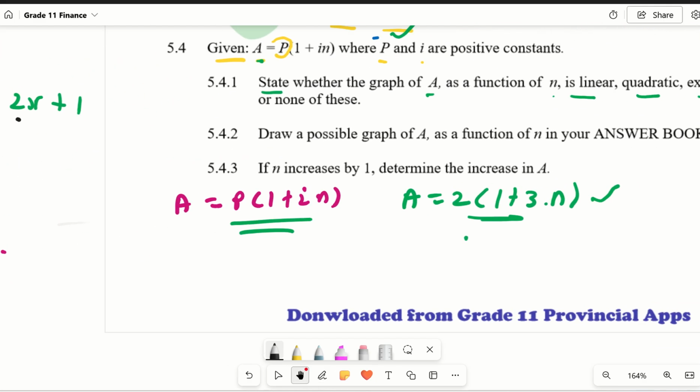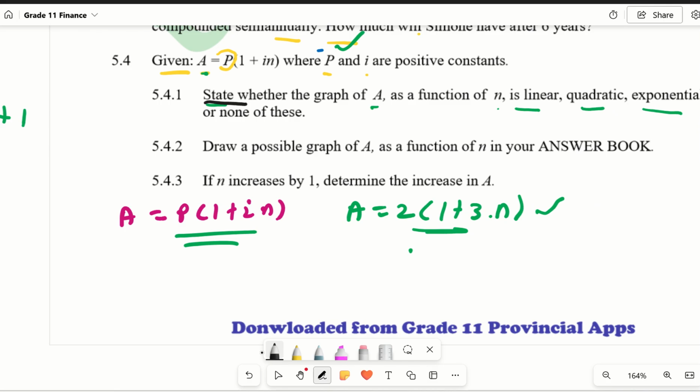We go back. State whether A as a function of n is linear, quadratic, exponential, or none of these. So now they're asking you, is this a linear function, or quadratic, or exponential, or none of these? Let us simplify this and see what happens. P times 1 gives me P, and then P times In gives me plus PIn.